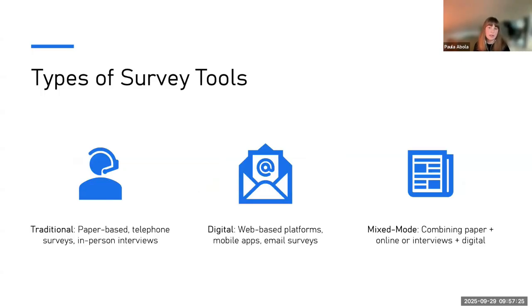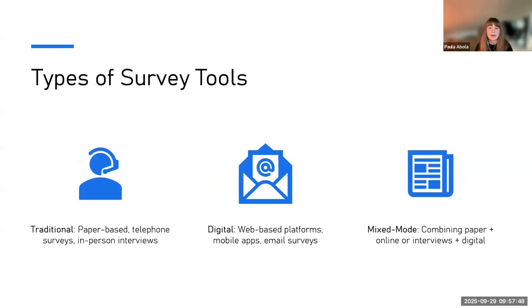Survey tools can be broadly divided into traditional and digital. Traditional approaches include paper-based questionnaires, telephone interviews, or in-person surveys. These are still valuable in settings where internet access is limited, and maybe in populations such as older people who are not so prone to using technology.